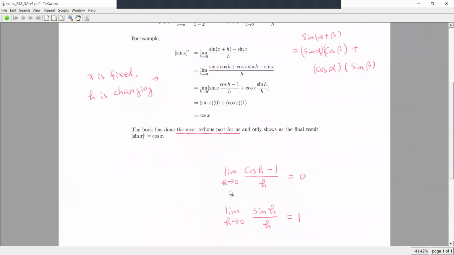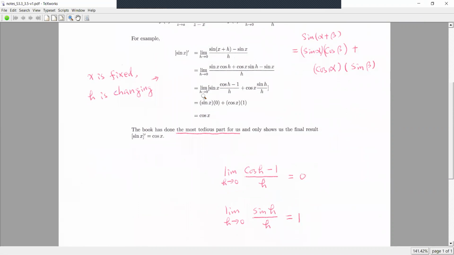By tables, it is easy to see that as h approaches 0, cosine of h minus 1 over h approaches 0. And sine of h over h approaches 1.